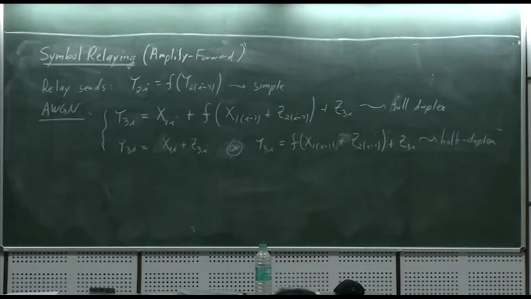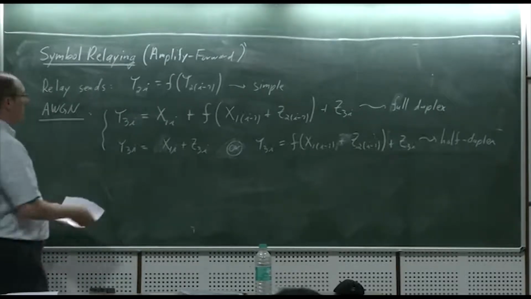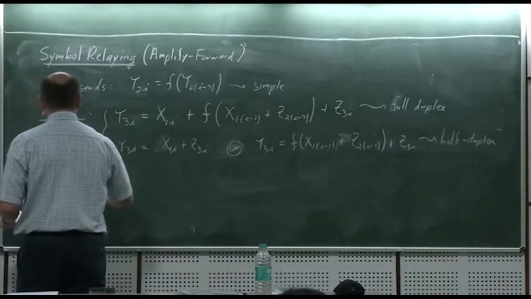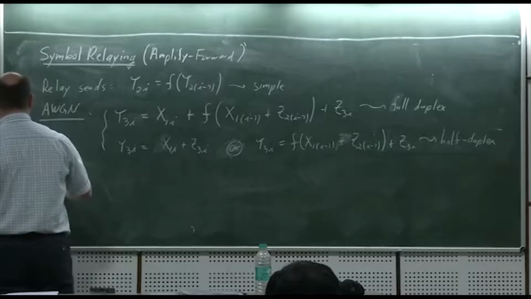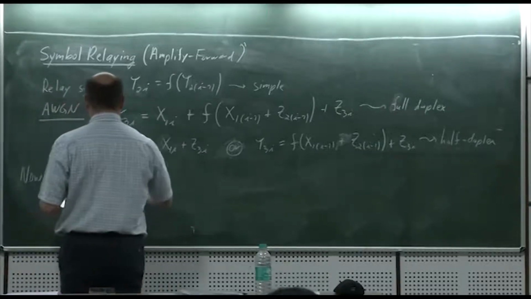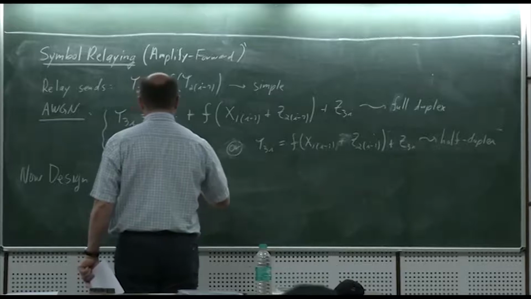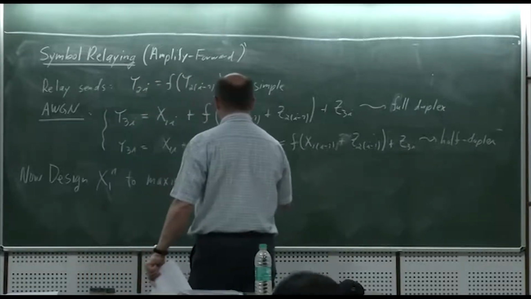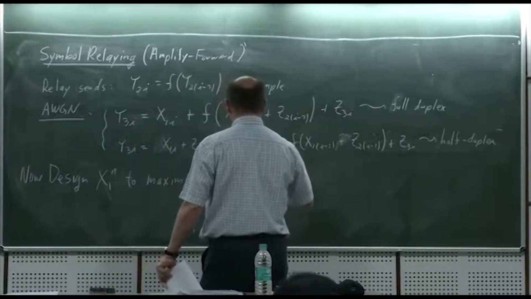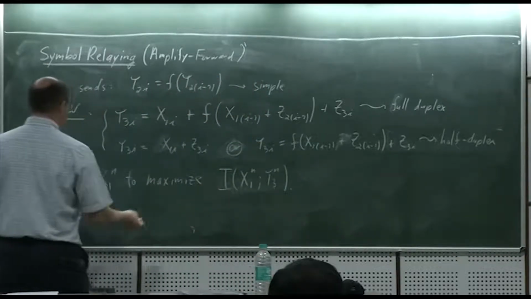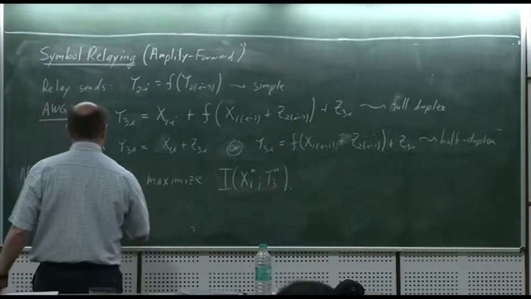Now if we look at the full duplex case, in both cases we want to design x1n to maximize the end-to-end mutual information, I of x1n to y3n. Or in other words, design x1n, I should say, and f.